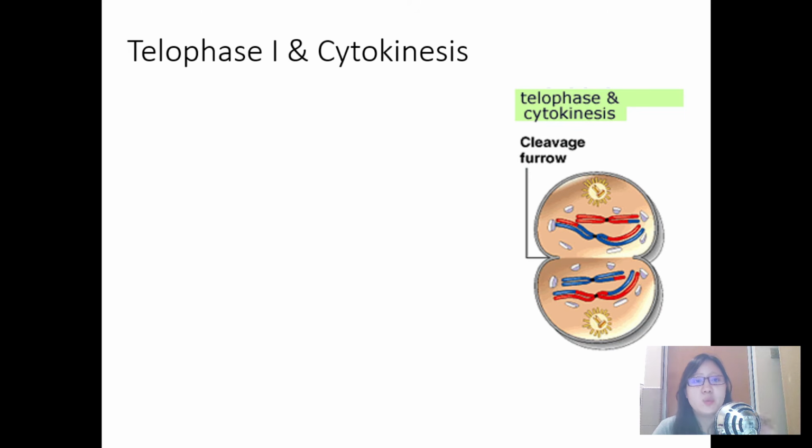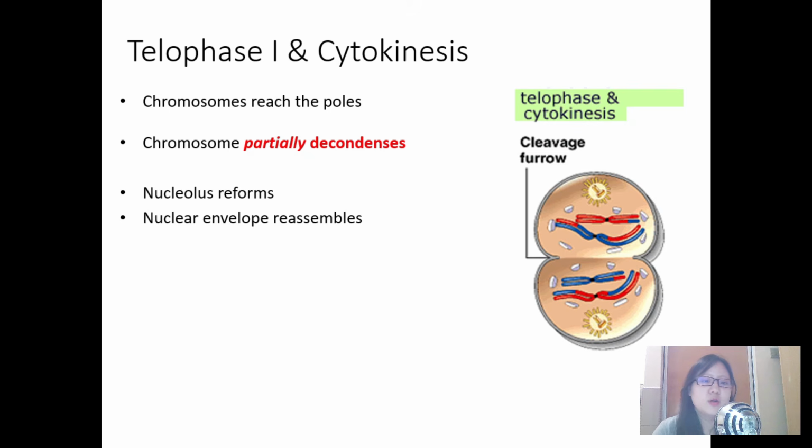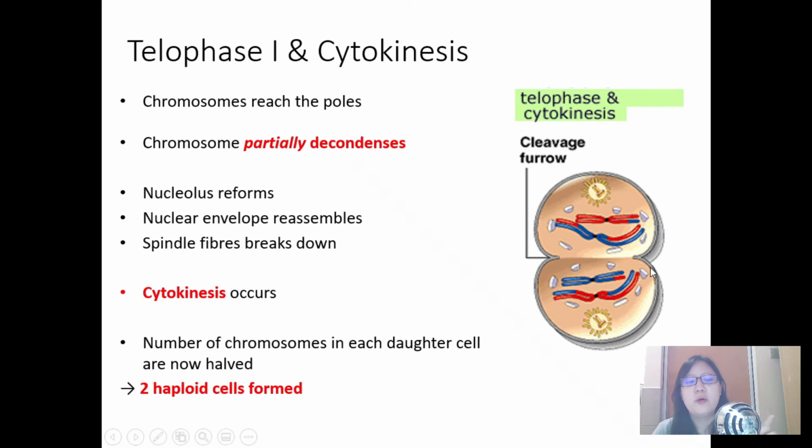Now in telophase I, because the cell is going to go into prophase again, the chromosomes will only partially decondense, but everything else is about the same. The nucleolus reforms, the spindle fibers break down, and cytokinesis occurs to form 2 haploid cells with half the number of chromosomes. Easy.